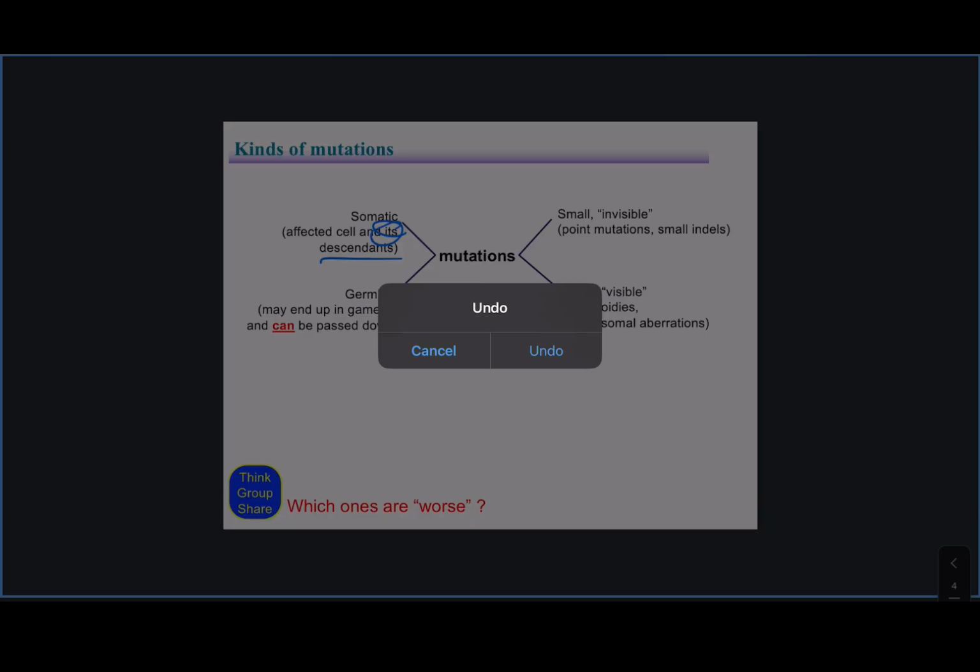As human beings, we produce millions of sperm, hundreds to thousands of eggs, right? But not all of them are used in making the next generation. So there's a component of a certain probability associated with passing down those germline mutations.